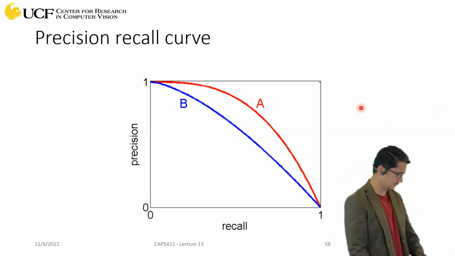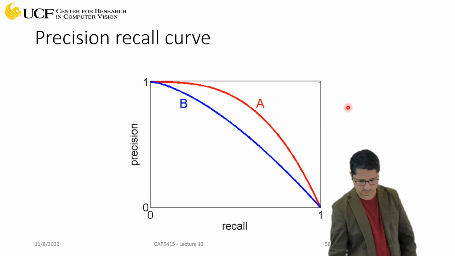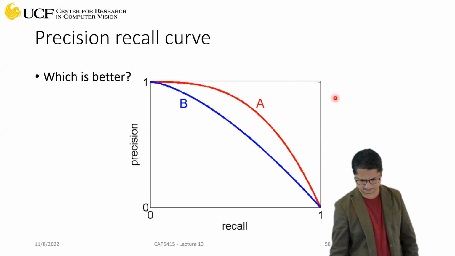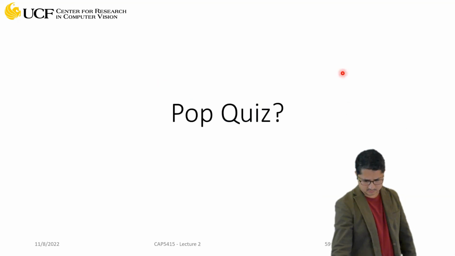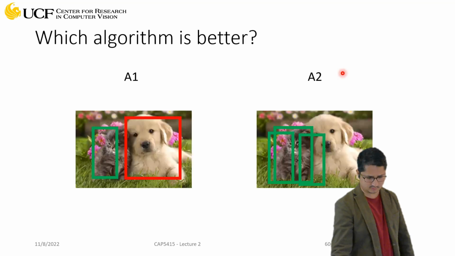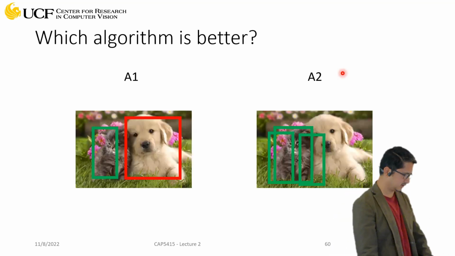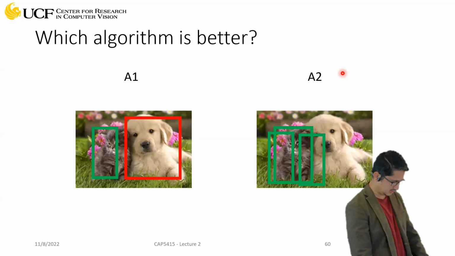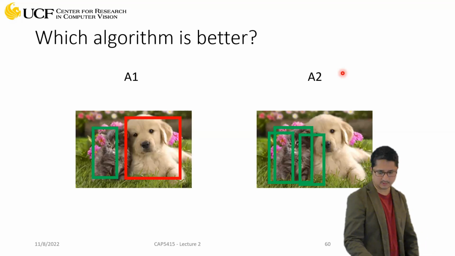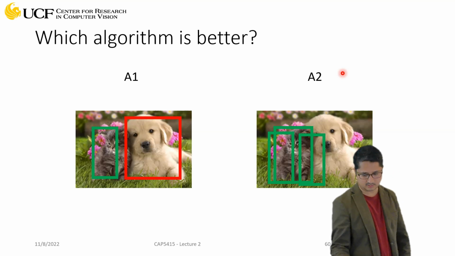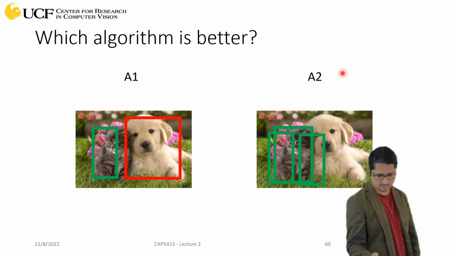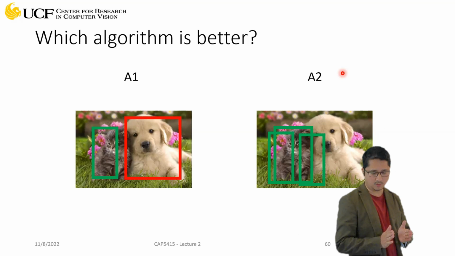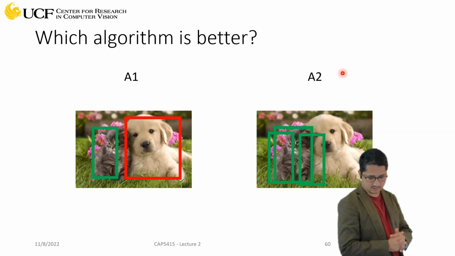Okay, so that was the first question. I have one more question for you. Again, we have two different algorithms, A1 and A2. Results from A1 on the left, results from A2 on the right, same images, but those are the detections of your algorithms.